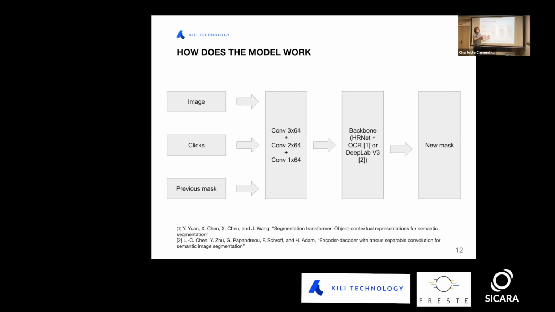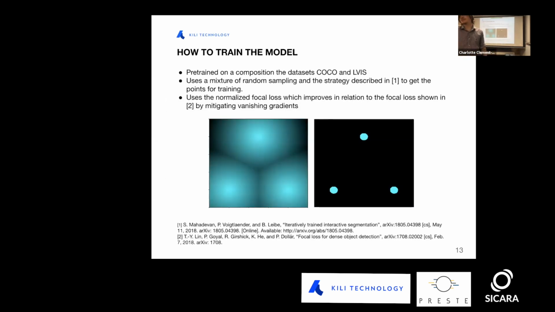So we make a click, it generates the output, and the output goes into the neural network. We take all these inputs, that's 6 channels, convert it to 64 and send to a backbone layer. We used HRNet plus OCR. And this is going to output our masks. So these are the details about the network.